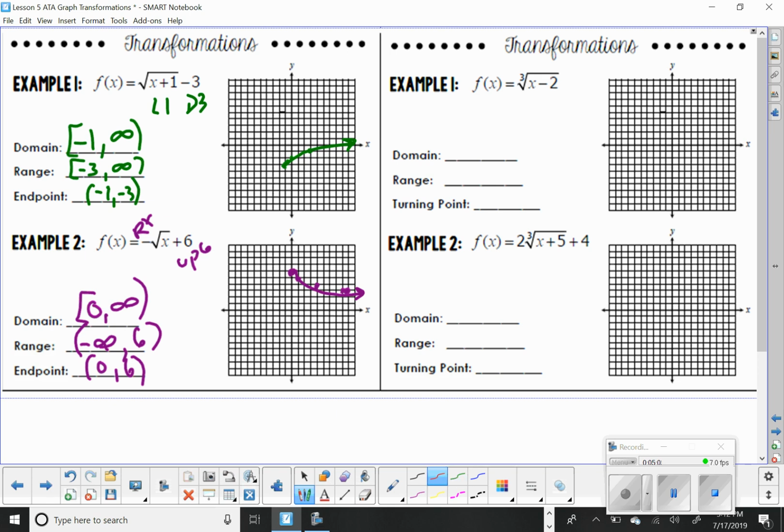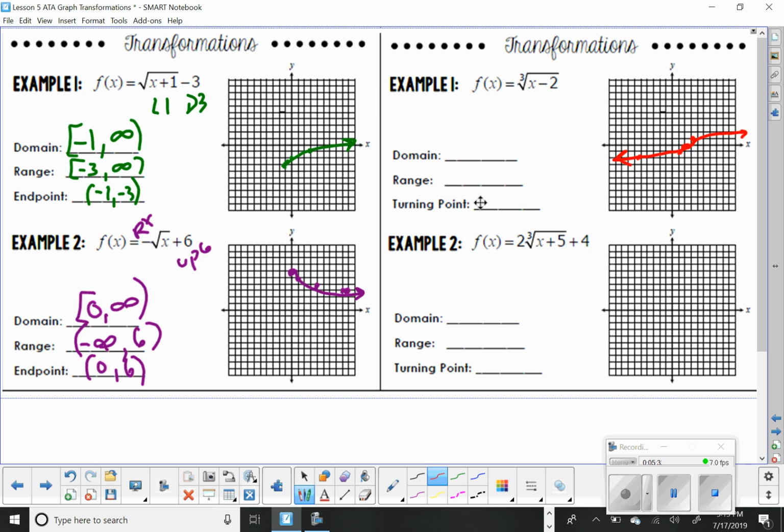Let's try cubic roots. This one says that it moves to the right 2. So we're going to go to the right 2, then right 1, up 1. We can't quite go right 8, so we'll just keep it low. Then we go down 1, and then we go out here, out to here, and we come down.